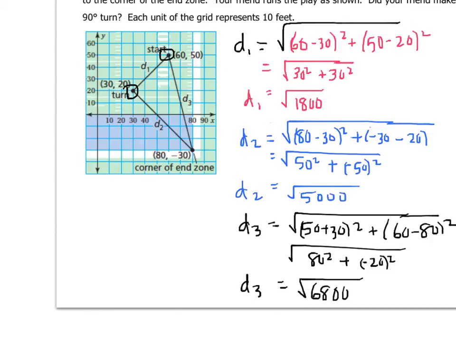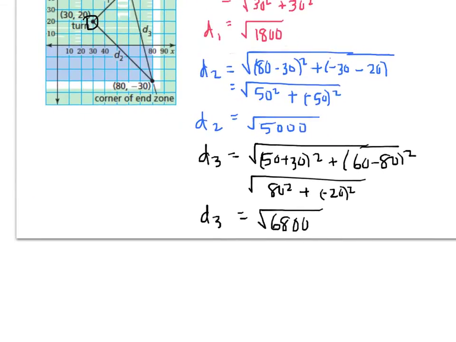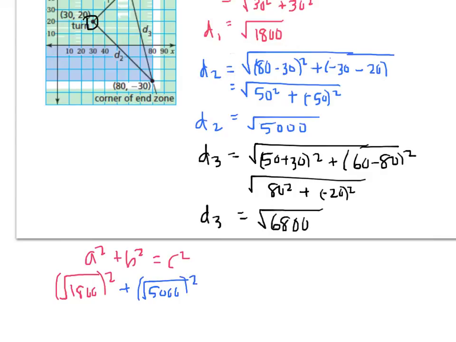So I'm going to take D1, which is the square root of 1800, squared. Actually, let me write it down below, because I'm running out of space. Okay. I'm checking a squared plus b squared equals c squared. So let's check. The square root of 1800 squared plus the square root of 5,000 squared equals the square root of 6,800 squared.